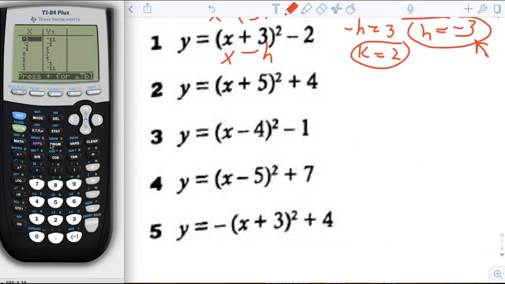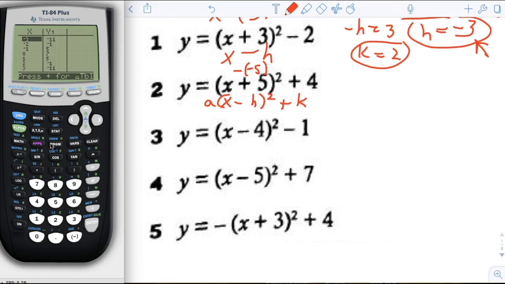Okay, so in this next one, if we compare this to the regular form of vertex form, we can see that the x plus 5 matches up with x minus h. Let's see, x plus 5 is the same thing as minus -5, right?